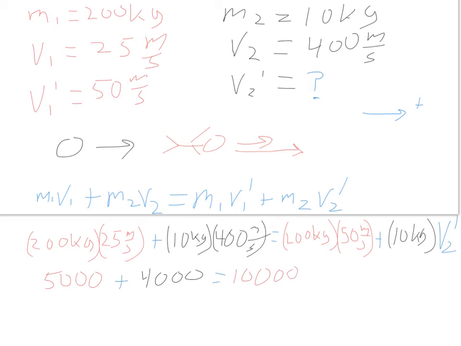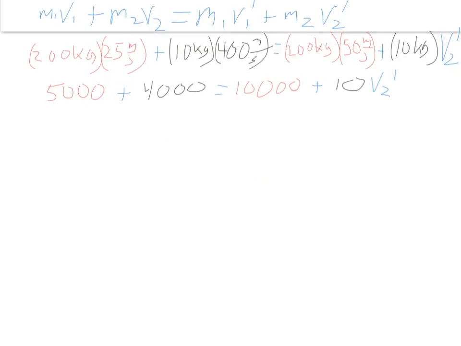Plus the mass of the cannonball, 10, times its velocity after. Adding these up, I wind up with 9,000 as my momentum before, equals 10,000 plus 10 V2 prime.